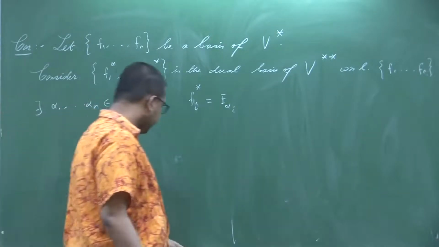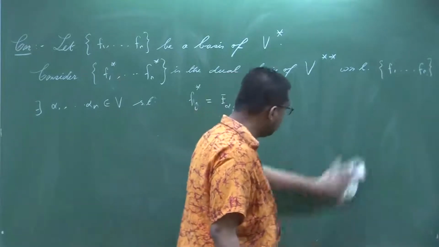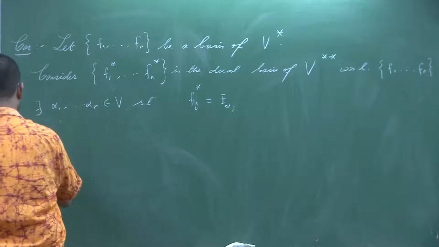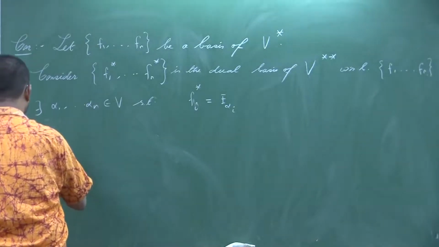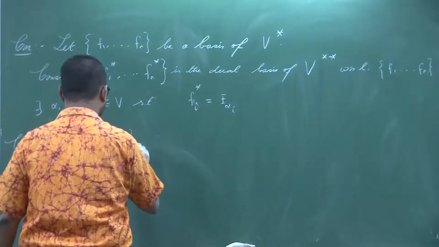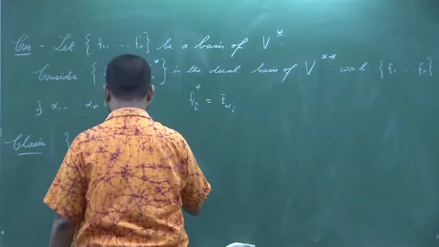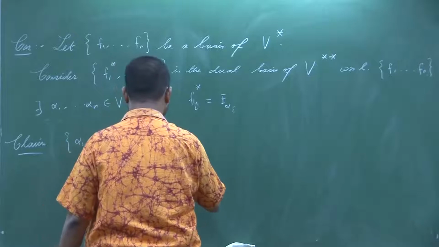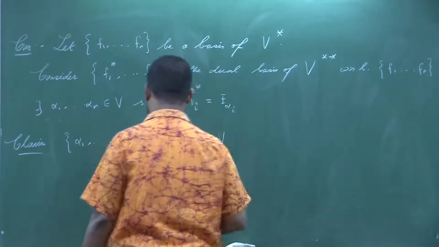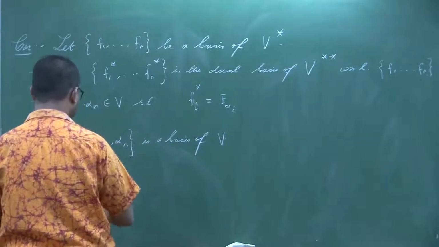Now the things are very obvious, we claim that alpha 1, alpha 2 up to alpha n is a basis of V. Why so? That is very easy.